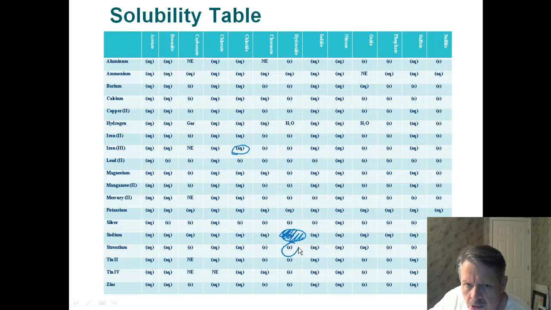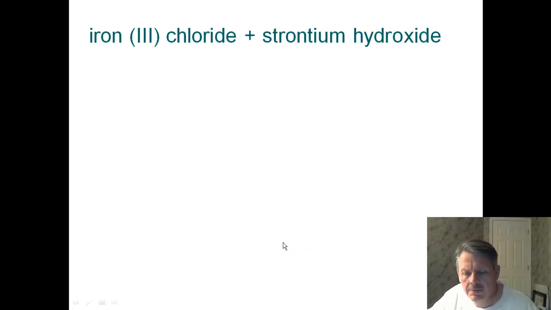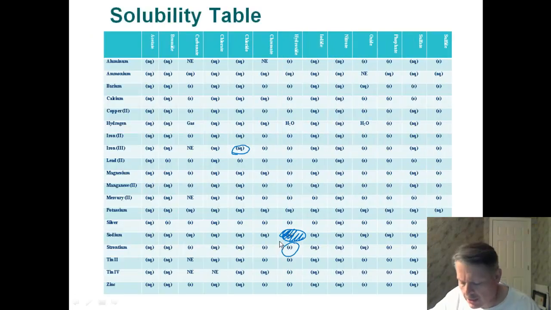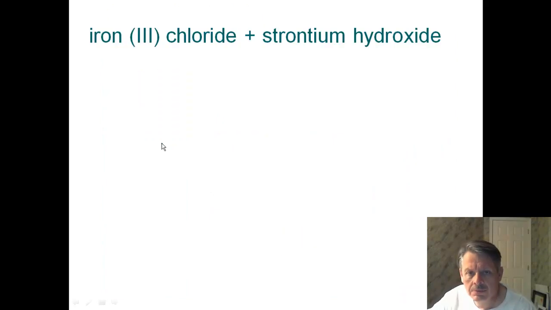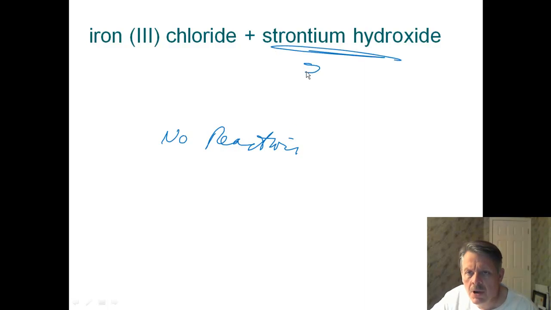I said strontium hydroxide, didn't I? Yeah, and strontium hydroxide is a solid, so that's not going to work. So this has no reaction, because strontium hydroxide is a solid, and remember, all of my reactants have to be aqueous.